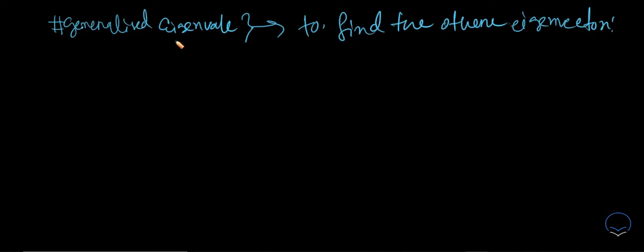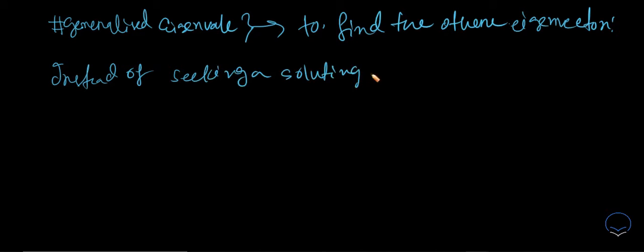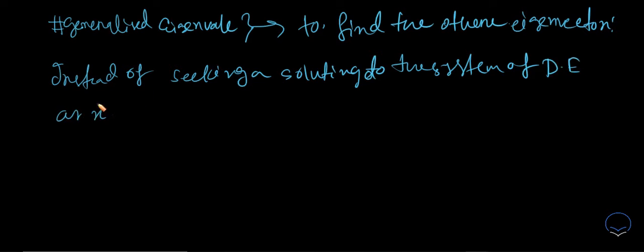So what we do right now is that instead of seeking a solution to the system of DE as x bar, this bar means a vector, that was written as v e to the power rt, we seek a solution. Let me write it in a different color so that you can understand that this is a different case.